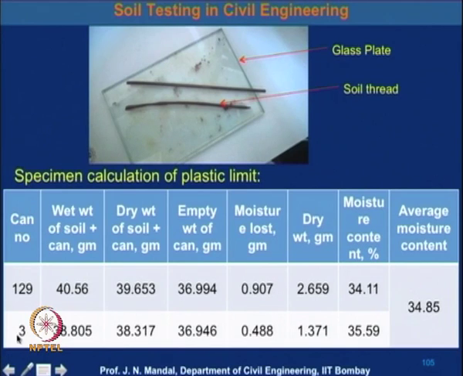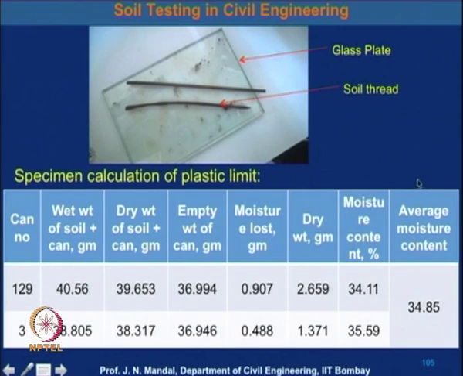Similarly, you take another can with another soil sample, and calculate the weight of the soil and can, the dry weight of the soil and can, then the empty weight of the can, the moisture lost, then the dry weight, and then the moisture content.